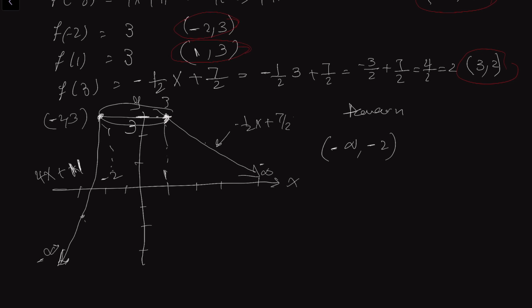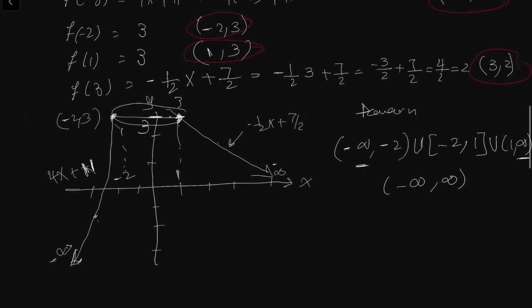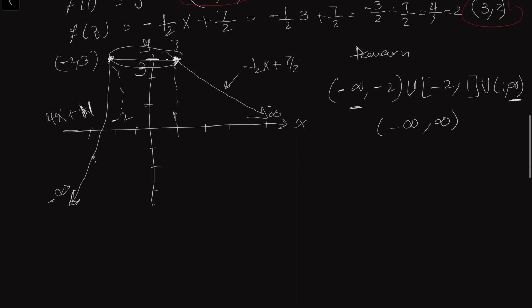This is closed because it has value. So union -2 and 1, union 1 to infinity. So basically, -infinity to infinity, right? And then the range, so that's the y value. So it will be -infinity to 3, because 3 is the maximum value for y.